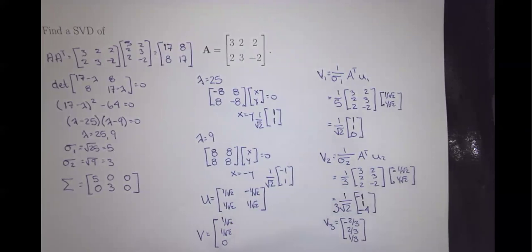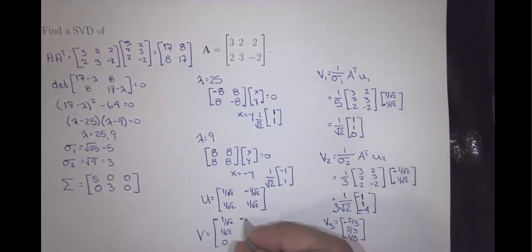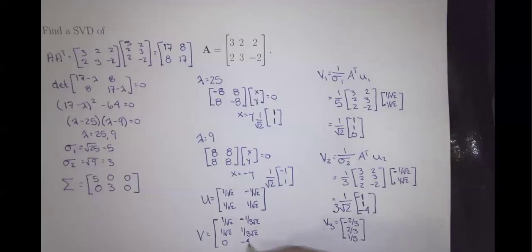Our next one is -1/(3√2), 1/(3√2), and -4/(3√2).